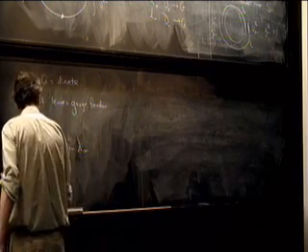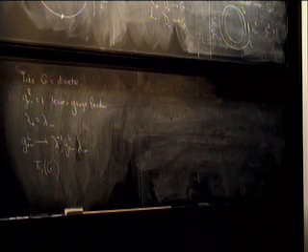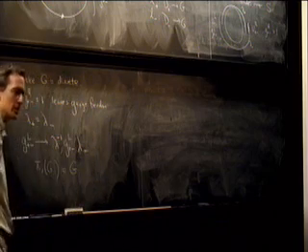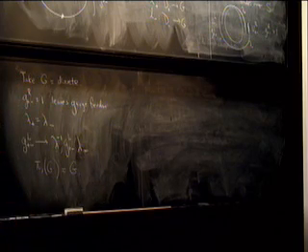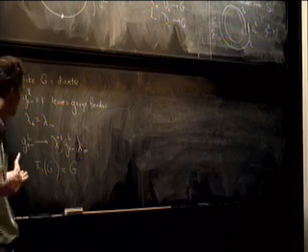Now, pi naught of a topological space in general is not a group, but pi naught of a Lie group is a group. And if G is disconnected, it's canonically the same as G. If G is just a discrete group like a Zn, it's just G itself.